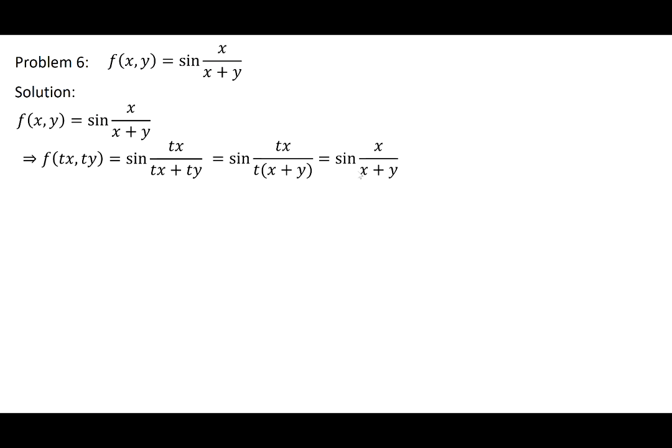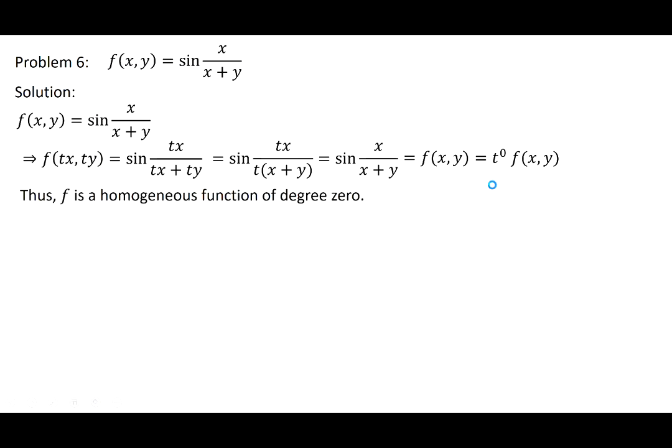Yep. Couldn't we write this as t to the 0 times f of xy? T to the 0 is 1, provided t is not equal to 0. That's a simple assumption that we could make, because it wouldn't make any sense to say f of tx comma ty if t happens to be 0. You're just talking about f of 0 comma 0, a special case. So that's a trivial case. So to avoid the triviality, t cannot be 0. So yeah, this is in fact homogeneous and of degree 0.